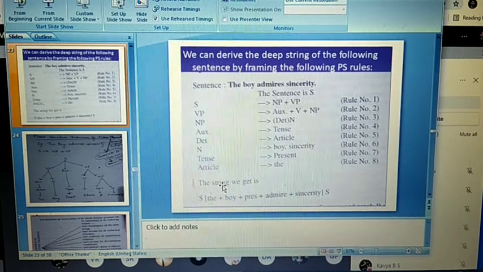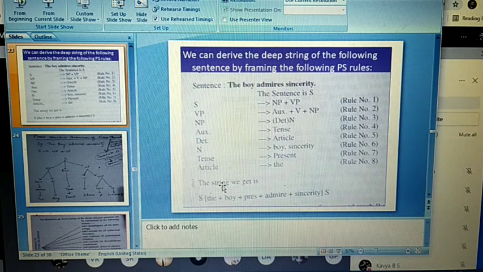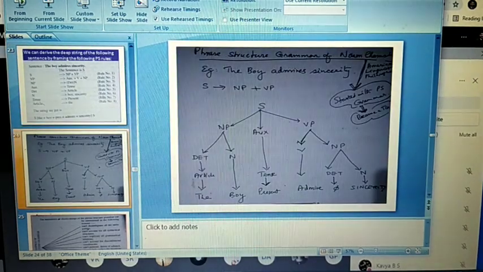So in short, as per the phrase structure grammar, this sentence is a string of S: the plus boy plus present tense admire plus sincerity, and you can express it in the form of a tree diagram. Look at that. In phrase structure grammar, a sentence is noun phrase plus verb phrase. What is a noun phrase? Determiner plus noun. What is determiner? Article.